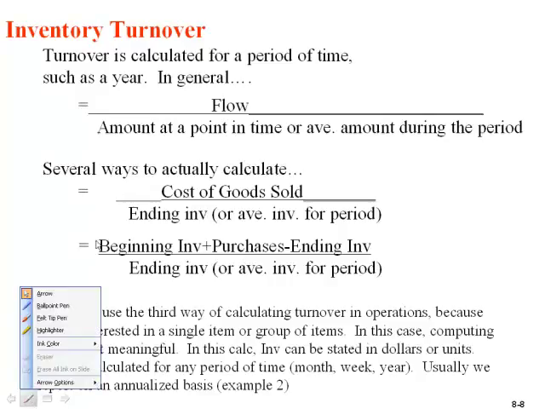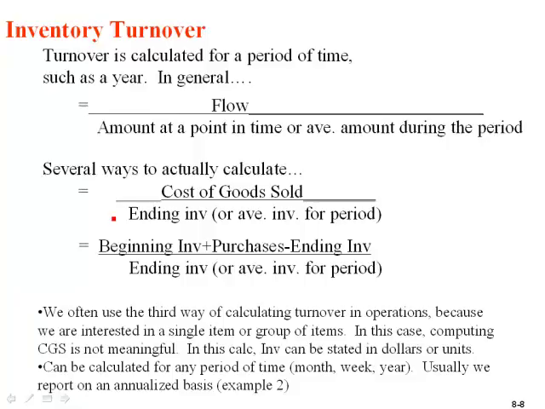The computation that we just talked about works pretty well if we're interested in understanding inventory turnover on an aggregate basis, for an entire business. But a lot of times in operations management and supply chain management, we're interested in a more granular view of the world.